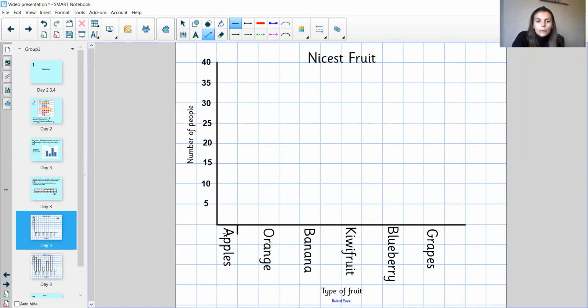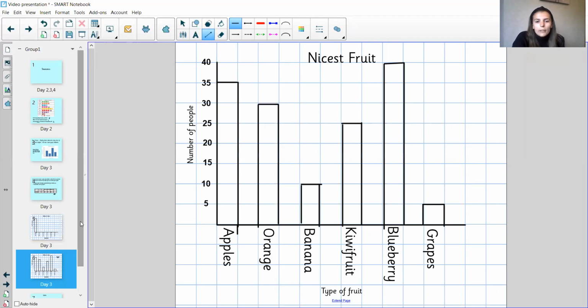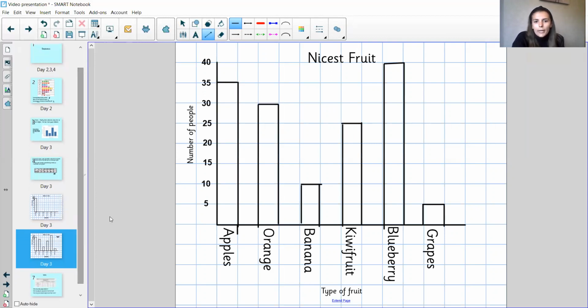So I'm going to apples, 35, I mark the line, and then I come down for apples. And I carry on doing this for all of the data that's in the table until I get something that looks like this, which is my completed bar chart.